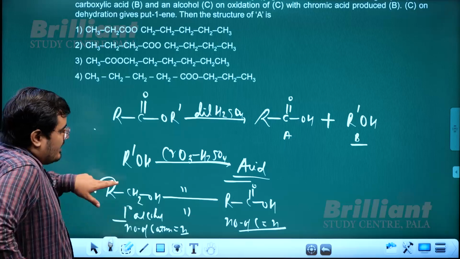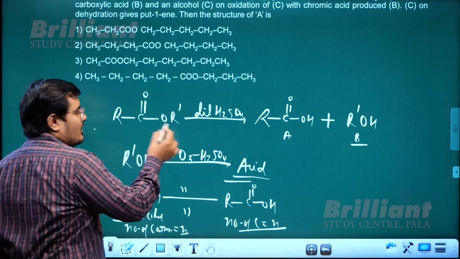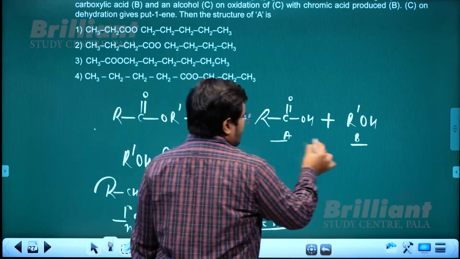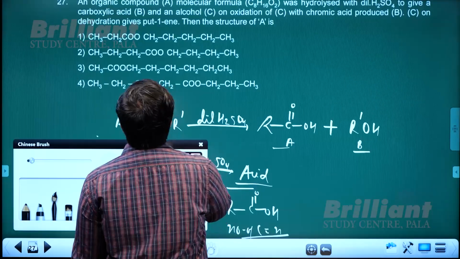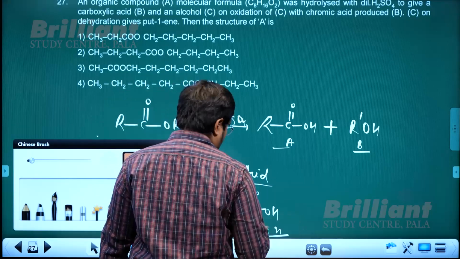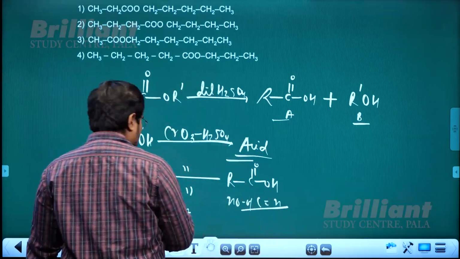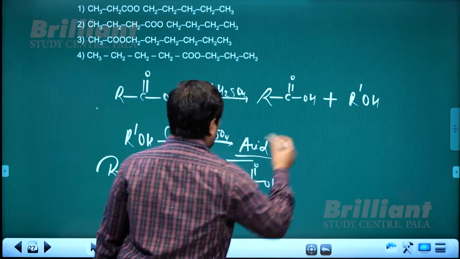So if they are saying that an ester on hydrolysis gives two products, which are A and B, this is an organic compound A. So there is a slight problem in nomenclature.